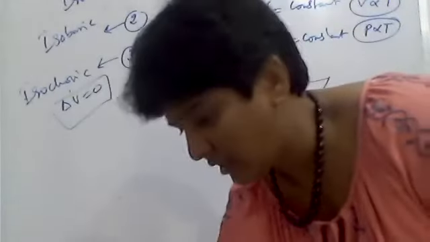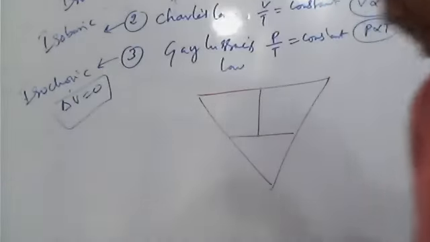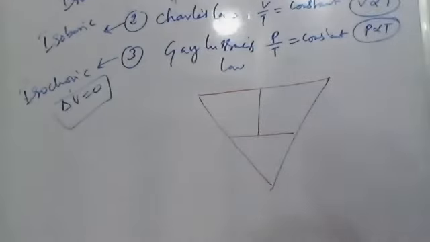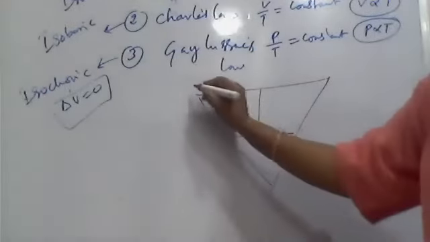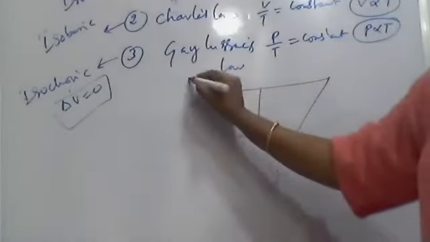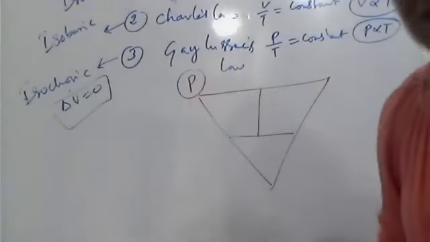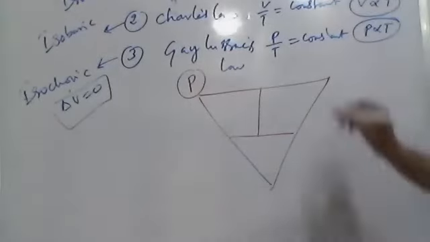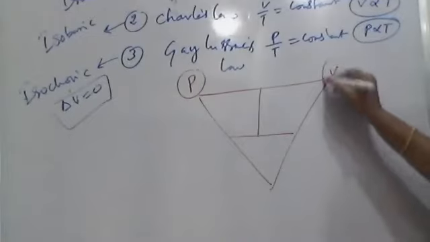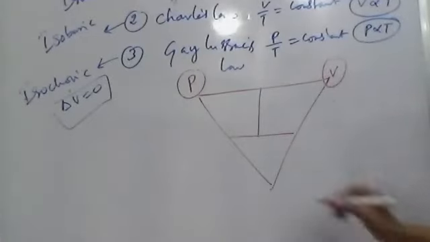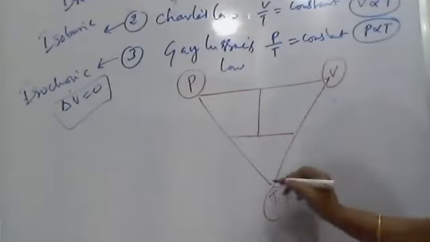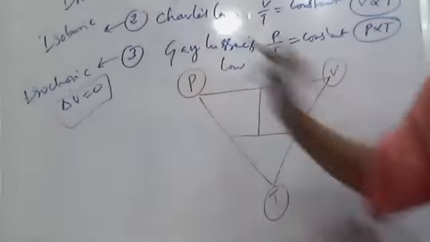Now at this corner I'm putting P, P for pressure. At this corner I'm putting V, V for volume. And here I'm putting T, T for temperature. Easy to remember these three laws.